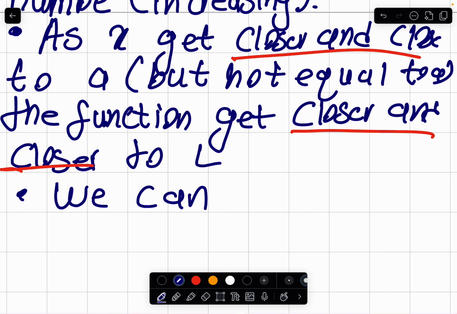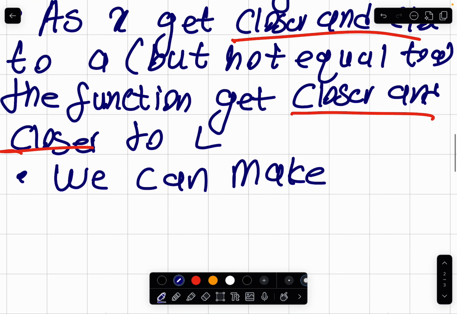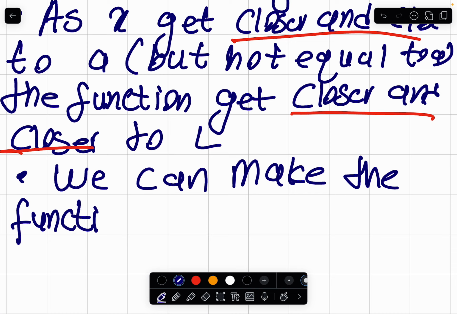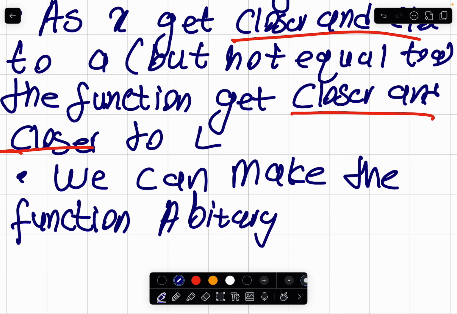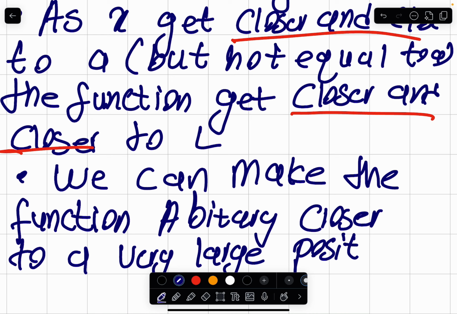We can make the function arbitrarily close to a very large positive number.